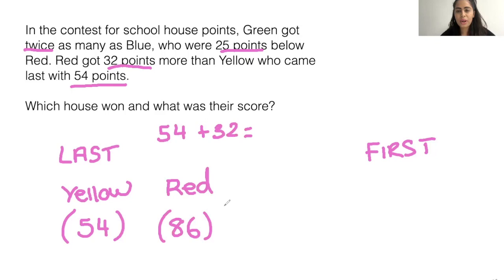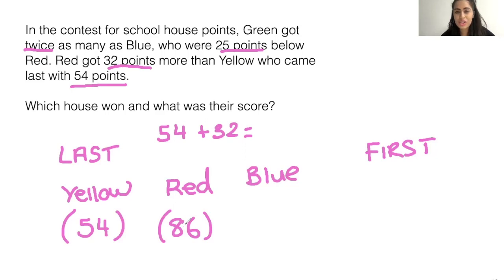We know that green got twice as many as blue, and blue, who are 25 points below red. Okay, so blue actually have 25 points below red.